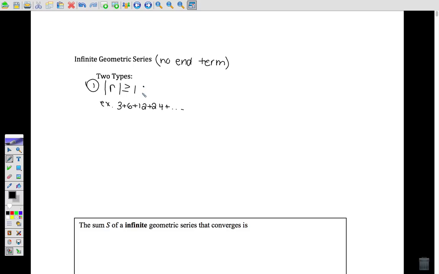So we say this type of sequence diverges. And what diverges means is the sum isn't going to approach some number because it's just getting so big. So we say there is no sum because the terms do not approach any specific value.